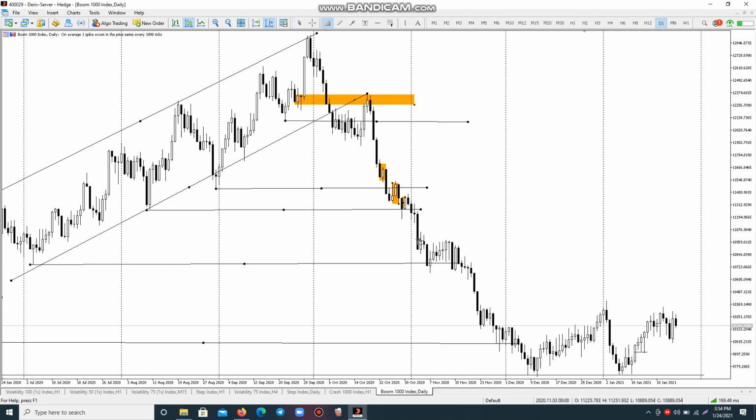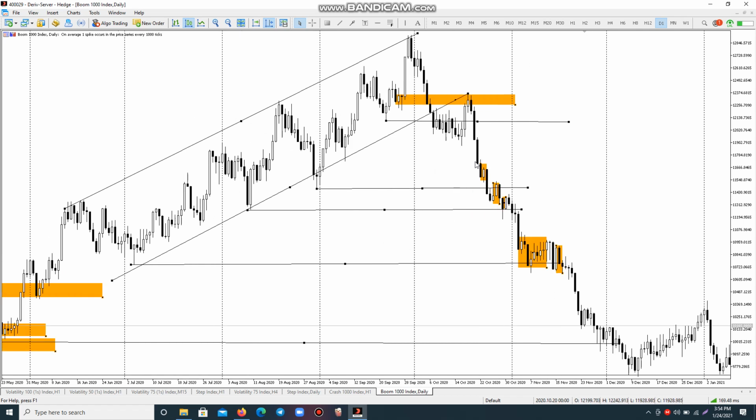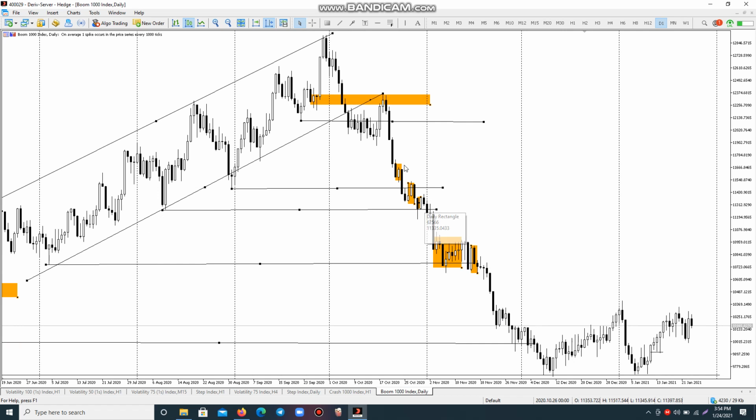Then at the end of the day they say the index is a scam, that it's scamming them, but they don't understand that they are the only ones causing their account to get blown, because you are selling from here. You know your break of structure, the market already broke structure, you know the market is going to the downside, you know you need to start looking for a sell position, not a buy position. But they will be happy to catch this small movement rather than the overall market.